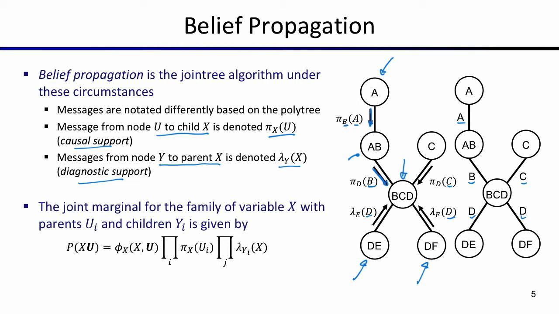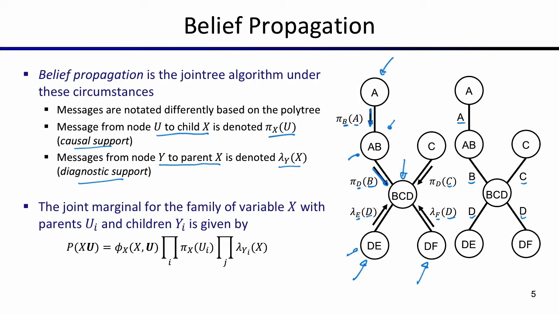So this was the old B node that we have in the base network. Again, D, we're going to send this message towards D. But when we are talking about the lambda messages, the subscript actually means where the message is coming from. So it's coming from the old node that was the node E in the base network, and here was the node F. So it's a little bit hard to memorize this notation.